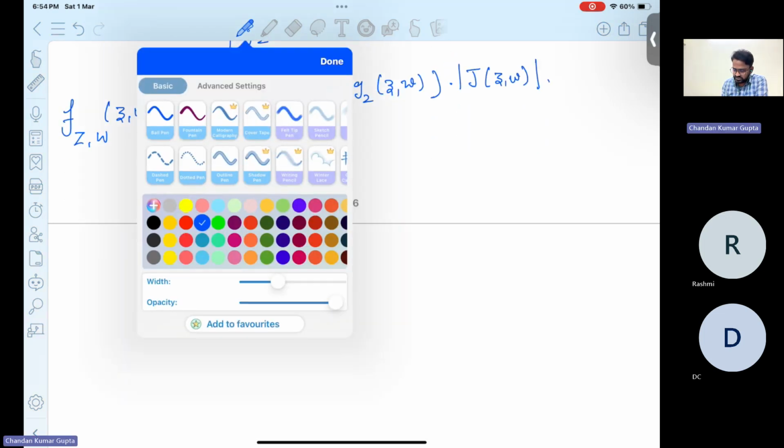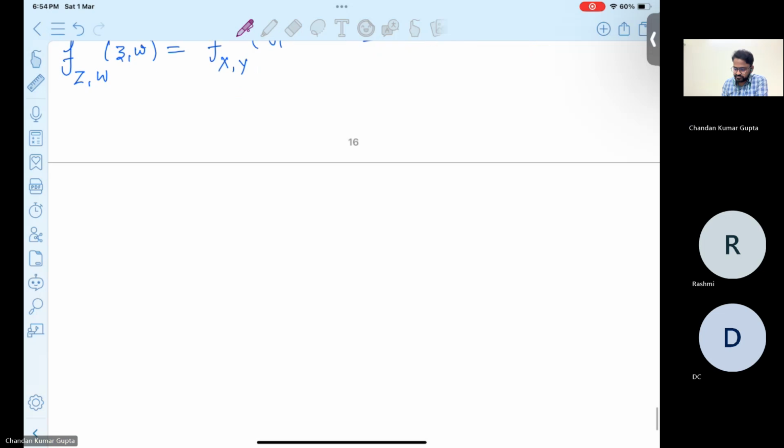For the range, the range of x is 0 to 1, and x is nothing but z plus w by 2.